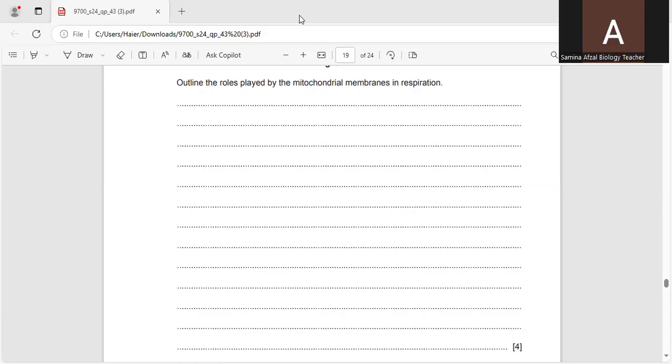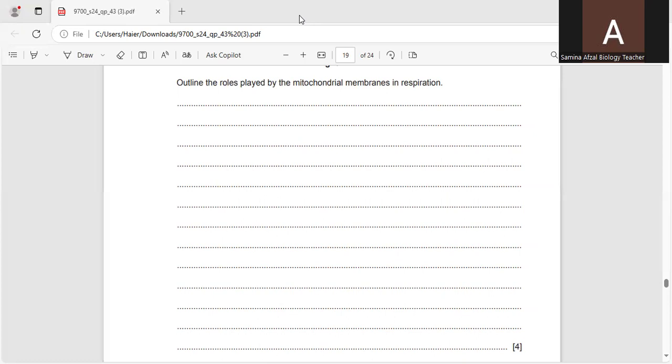Due to their role in cellular respiration, their double membrane structure plays a vital role in this process. First of all, I would like to discuss the outer mitochondrial membrane, because they have labeled them differently. So we will describe both of these membranes.